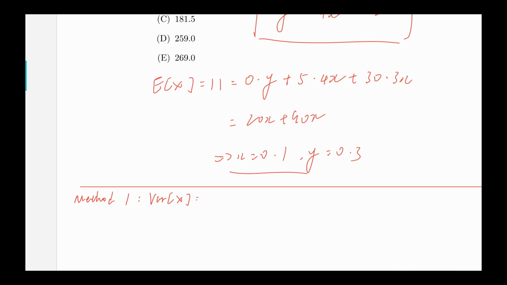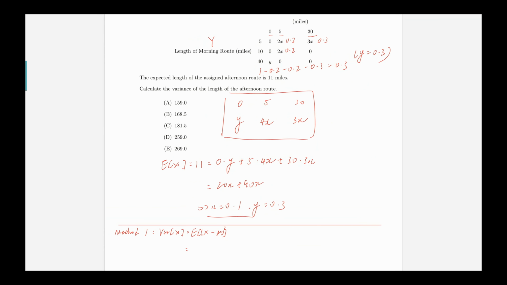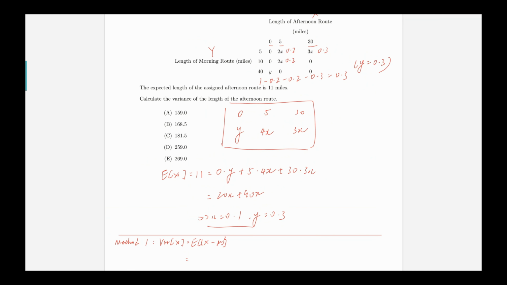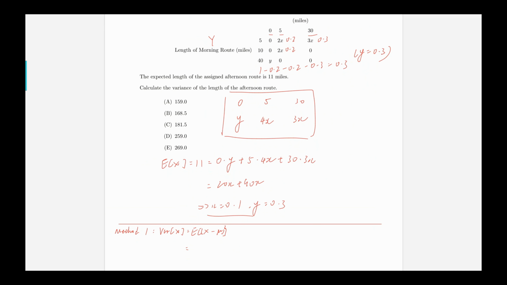The variance of X is defined to be the expectation of X minus the mean, and we need to square the difference. This is just the definition. Since we know the mean equals 11, we can just plug in the values. The zero case, the corresponding probability is y, which is 0.3, times 0 minus the expected value squared.